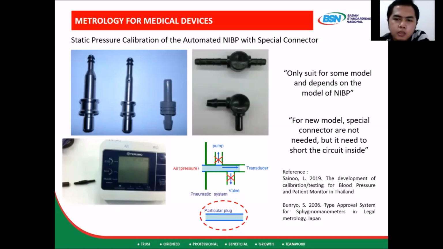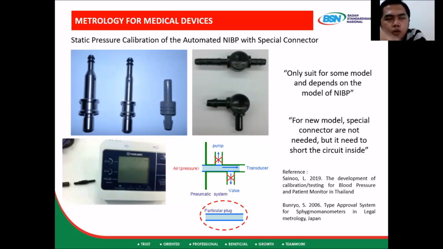However, for new models, the special connector is not needed, but it needs to short the circuit inside. This means that the valve can be triggered to be closed.